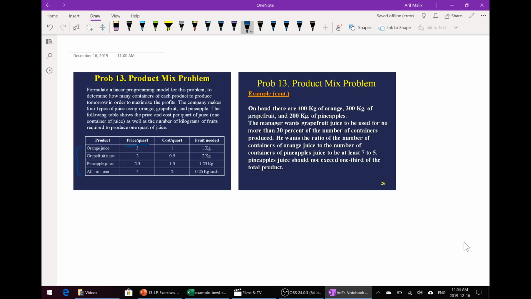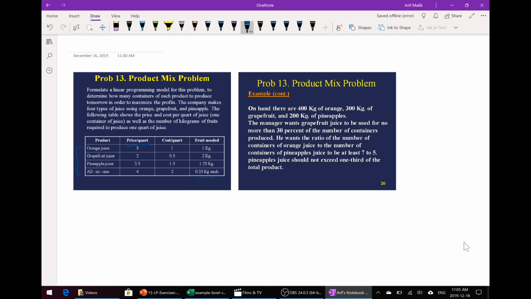And how much fruit is required is given in the last column here. For example, to make 1 quart of orange juice, 1 kilogram of oranges is needed. Similarly, for grapefruit, we need 2 kilograms of grapefruit, etc. For making all in one, which depends on orange, grapefruit, and pineapple, 0.25 kilogram of each is needed.